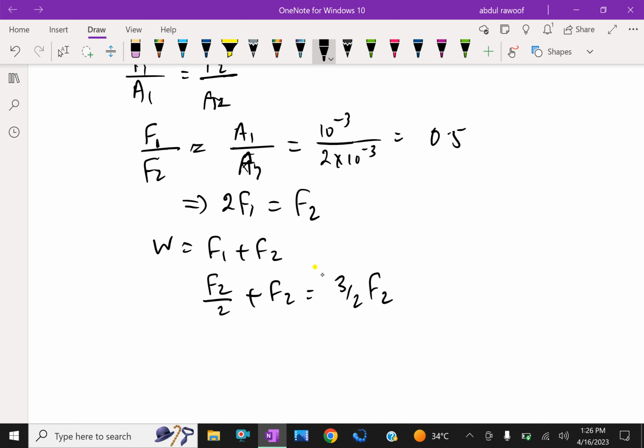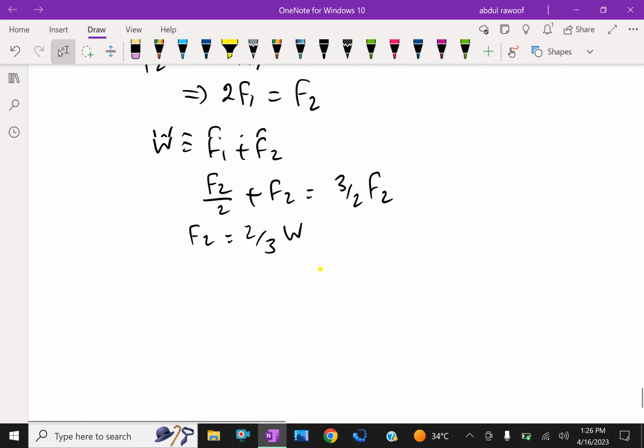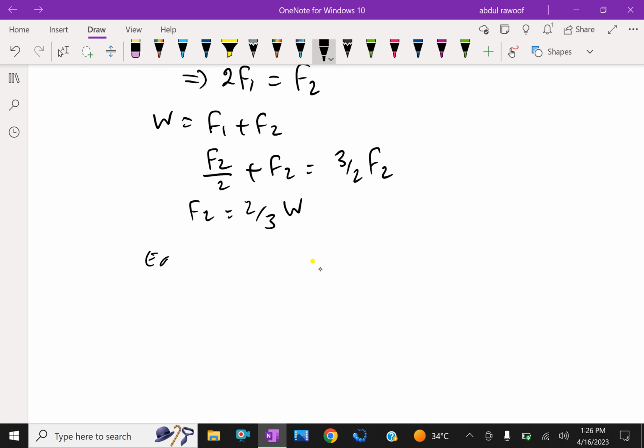Therefore, we can say F2 equal 2 by 3 W. Now we have to equate the torques. Equating torques, let it be W into X equal F2 into 2.